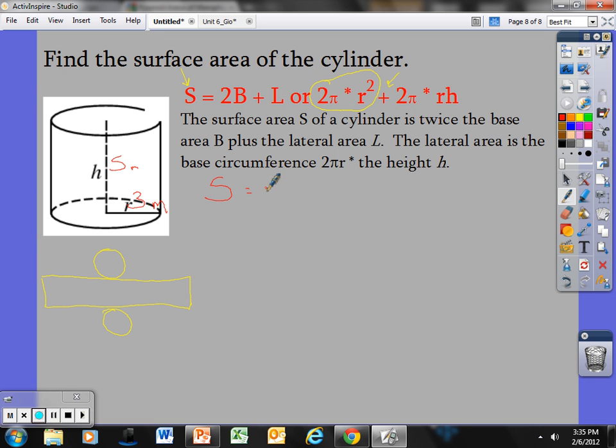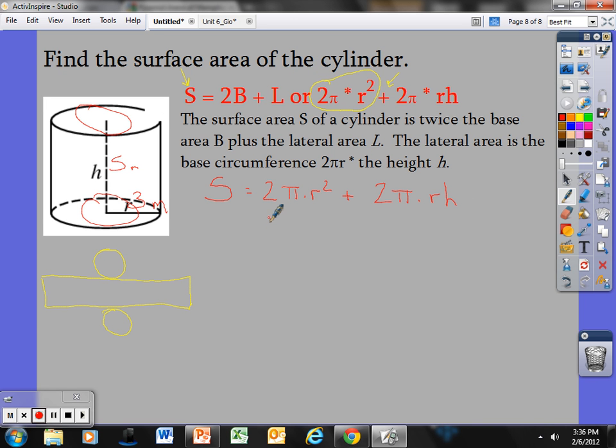Surface area is equal to 2 times pi times radius squared, because I'm doubling that because I'm finding the area of both the top circle and the bottom circle, and that is going to be added to the lateral area, which is the base circumference, and I'm going to times that by the height. So we have 2 times pi times radius times height.